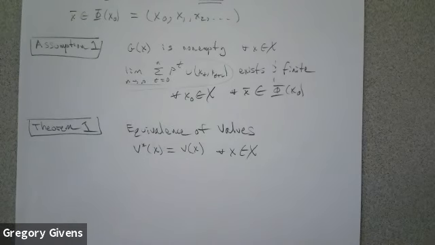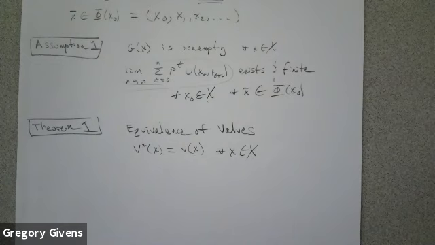Let me say that again. If you have found some sequence of x's that obtains the maximum value of the sequence problem, that is, you've characterized V star of the sequence problem, whatever that value is is also the maximum value of the functional equation, that is V of x.